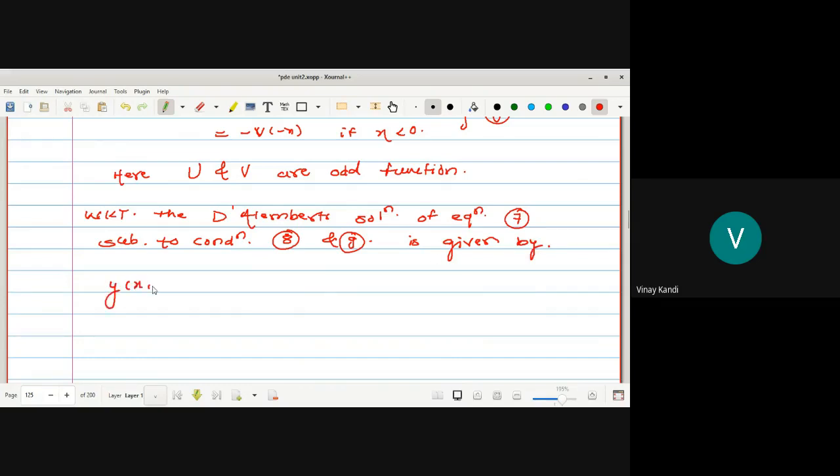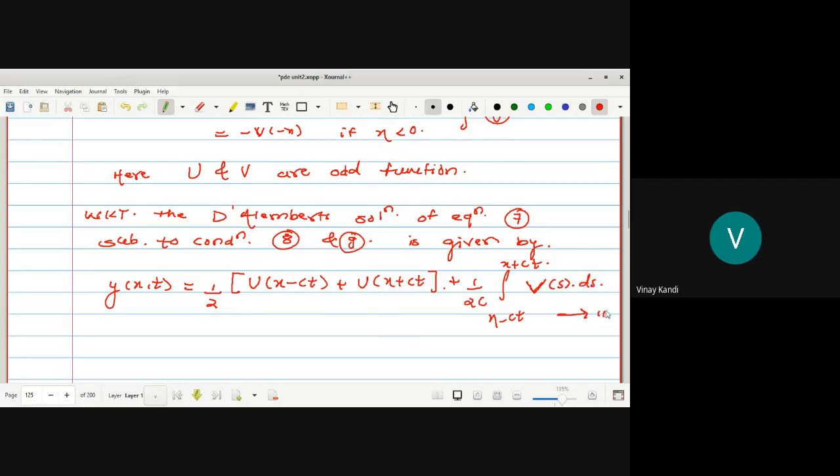y of x, t. For the infinite string we have the solution 1 upon 2 into, now small u of x will not come, here capital U of x minus ct plus capital U of x plus ct, plus 1 upon 2c integration from x minus ct to x plus ct, here not small v, capital V of s ds.